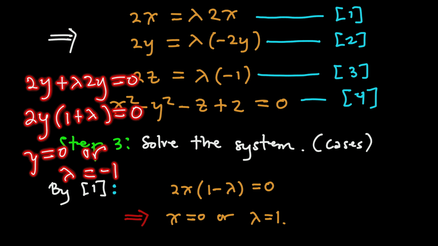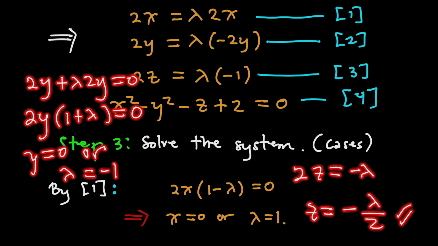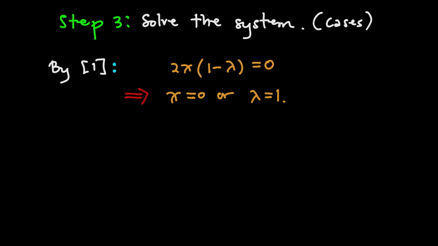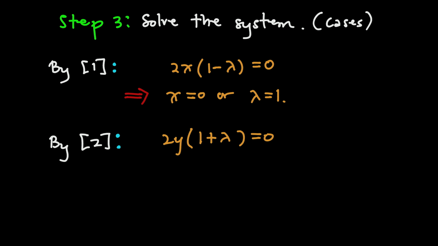And for equation 3, you have 2z equals negative lambda. Dividing both sides by 2, you will have z equal to negative lambda over 2. Writing this in our solution, we have equation 2 with possible values y equals 0 and lambda equals negative 1.